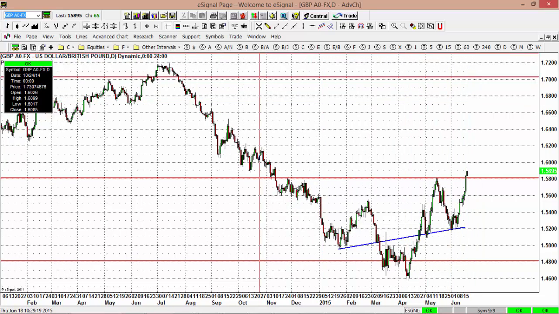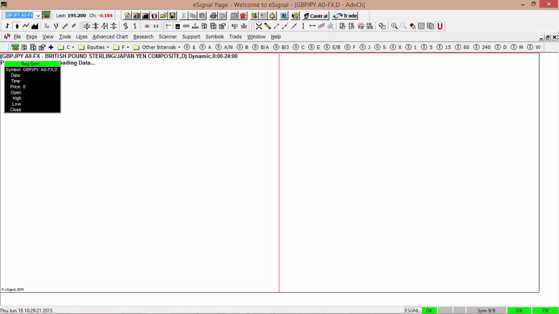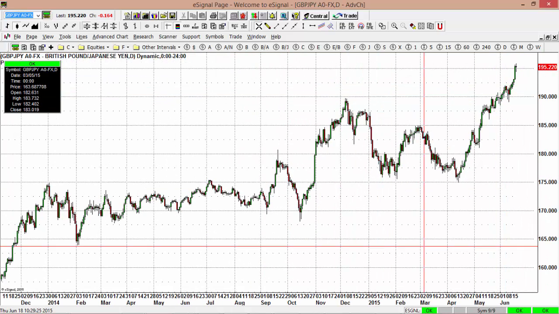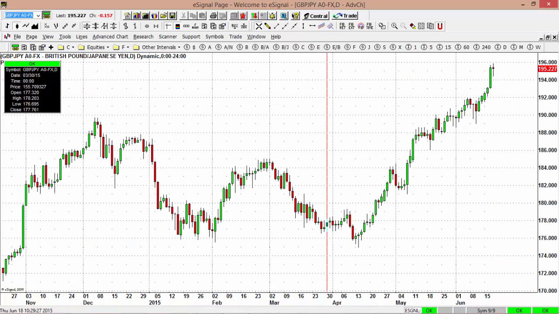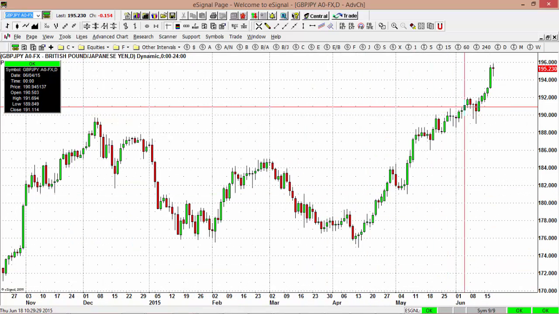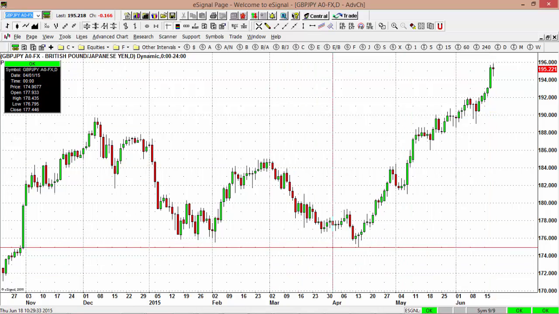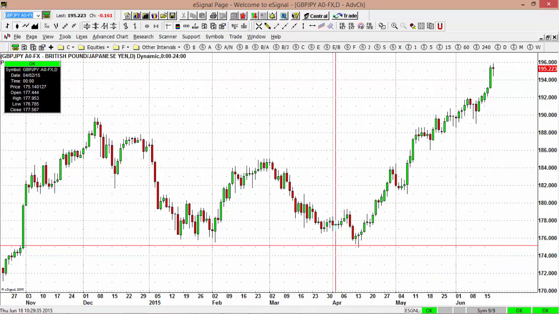Another pair that's doing very well is the British pound Japanese yen. Huge up day yesterday. The market rallied quite significantly and is just pausing today. I always speak about 900 pip moves, 1,000 pip moves, 2,000 pip moves.